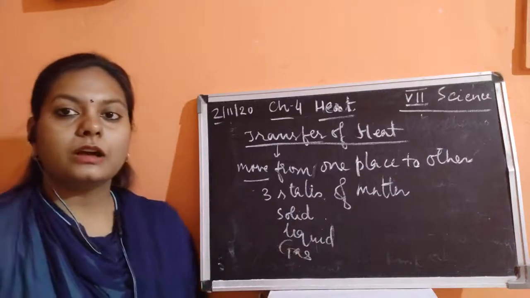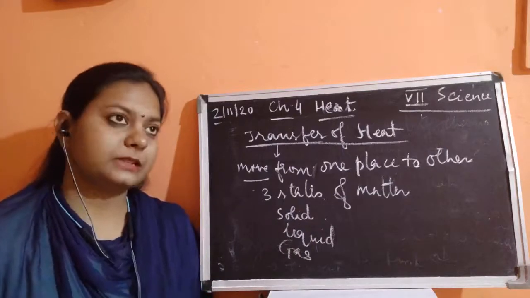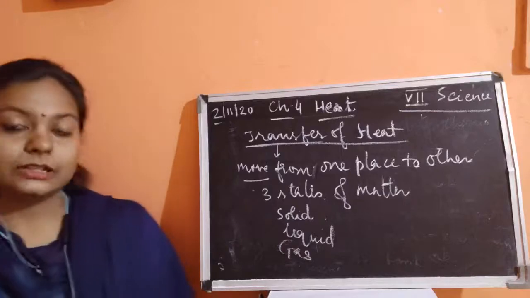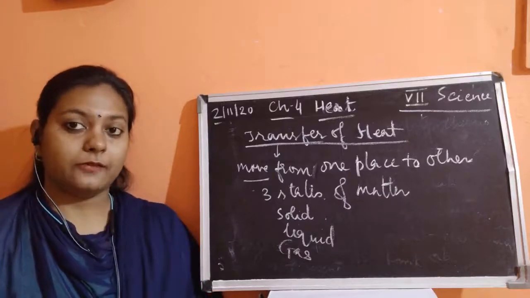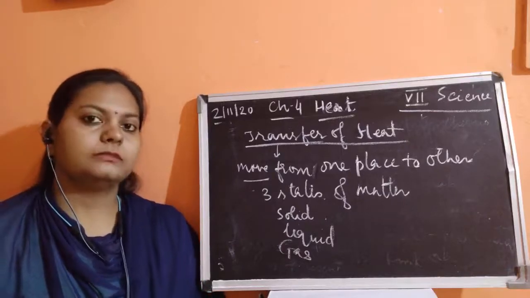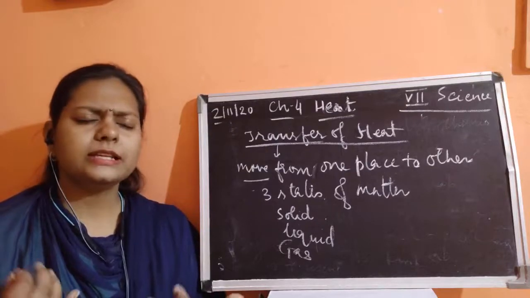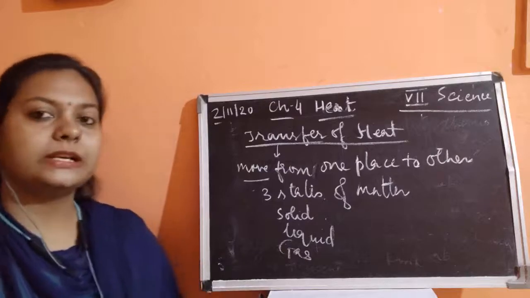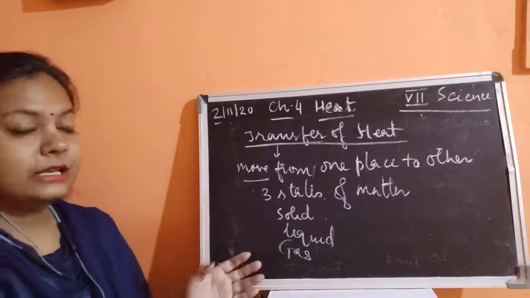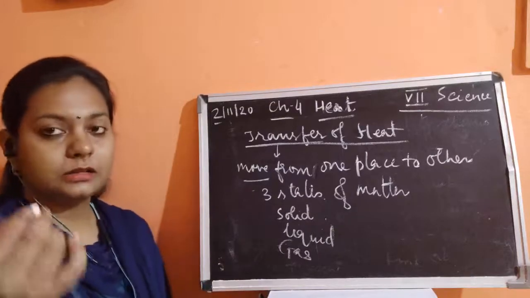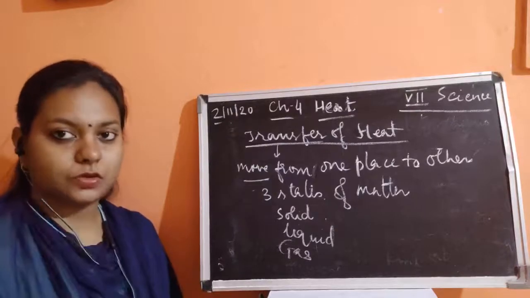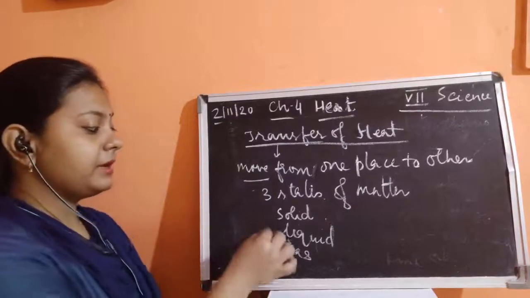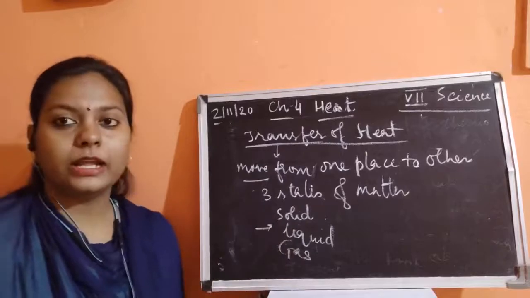ठीक है. सो अगर हम किसी भी ऑब्जेक्ट का नाम, किसी भी सब्सटेंस का नाम लेते हैं, जैसे चॉक ले लिया या वाटर ले लिया, ऑयल ले लिया, एयर ले लिया. If we are taking any example, all these materials are going to be one of these states of matter. If we take the example of chalk, it is solid in nature. अगर हम example लेते हैं water का, it is liquid in nature.